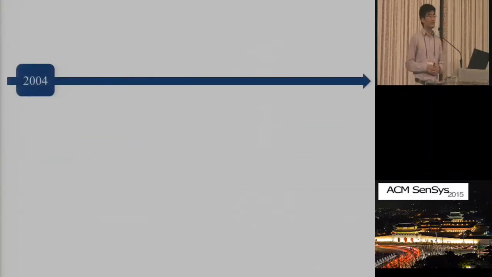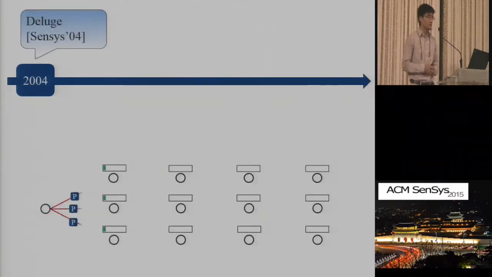In the last decades, the researchers in our community have developed many data dissemination protocols. Here, I just want to present some classic ones to show the technology progress. The first data dissemination protocol was proposed in 2004. It's called Deluge.